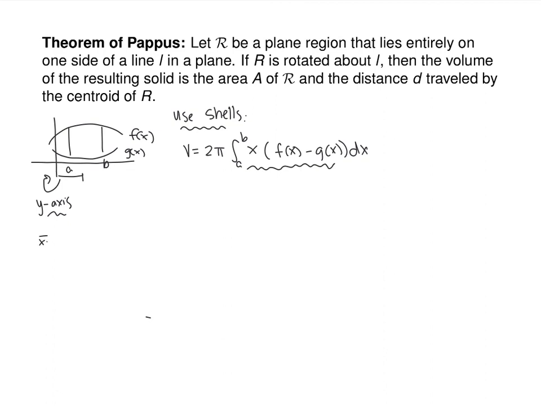You know that x bar is 1 over A integral a to b x times f of x minus g of x dx. And therefore that integral without the 1 over A is equal to A times x bar.